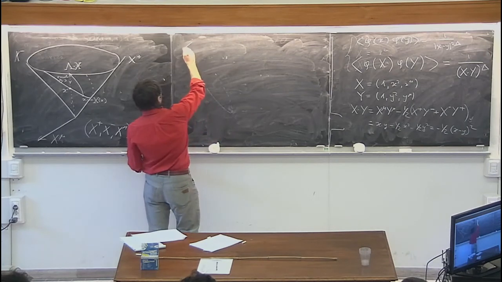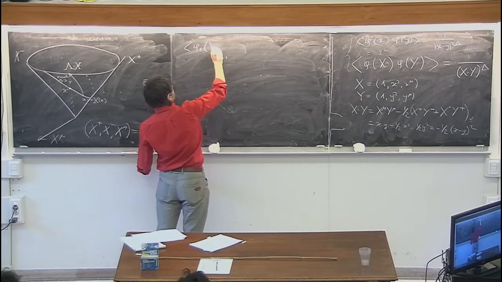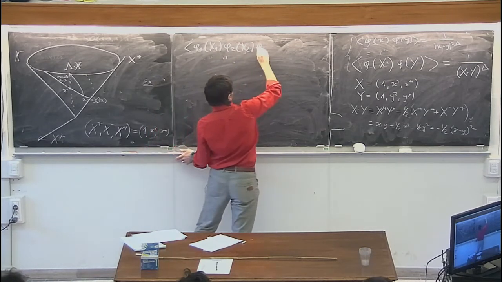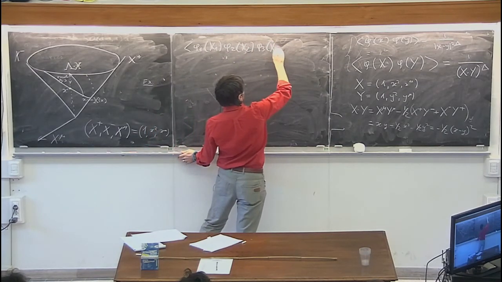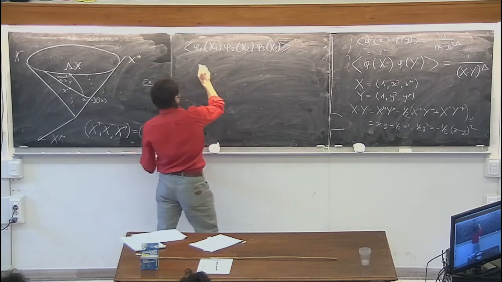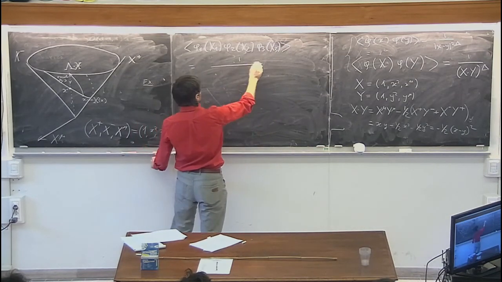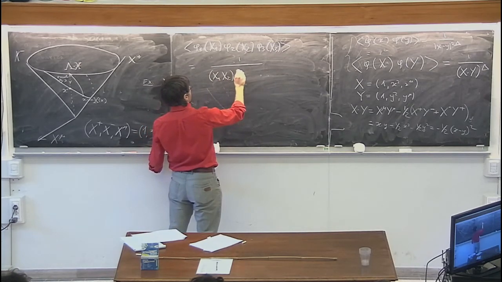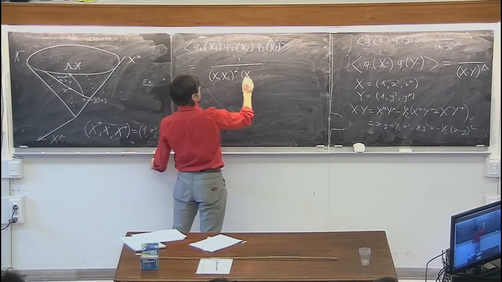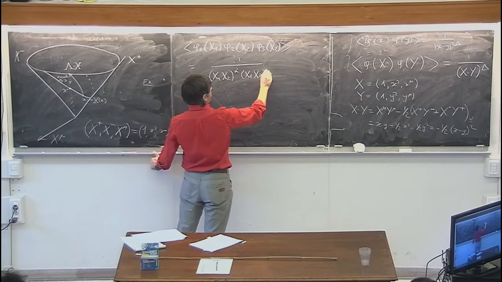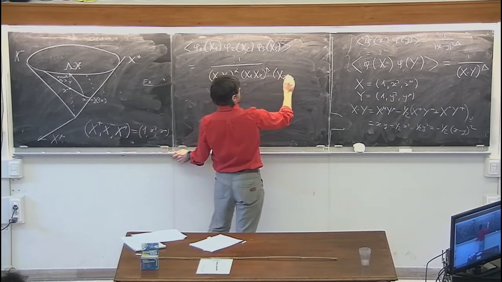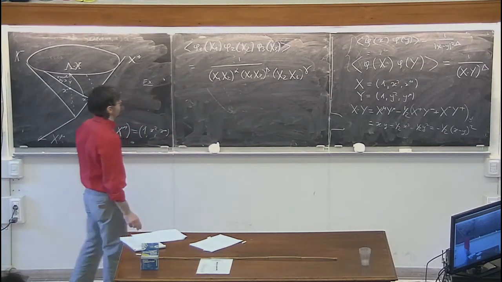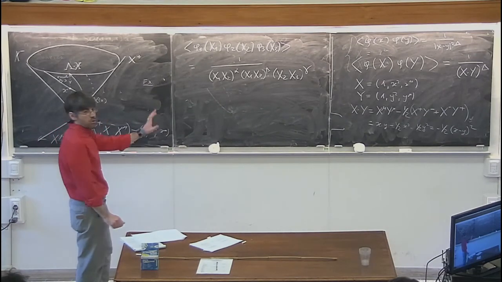Let's go to the three-point function. So phi 1 of x1, phi 2 of x2, phi 3 of x3. This is going to be equal to 1 over (x1 x2) to some power alpha, (x1 x3) to some power beta, (x2 x3) to some power gamma. This is just Lorentz invariance.